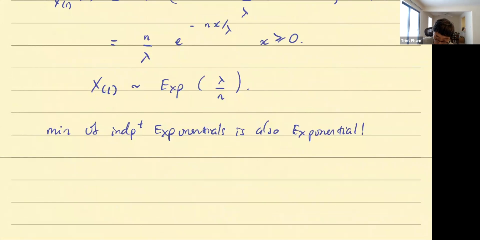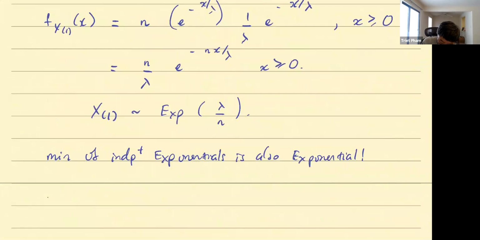So I think it goes without saying, right? If I were to ask you to calculate the expectation of the sample min in this case, what would you get? You should get lambda over n. Correct. And notice, right, there's no estimation going on here because we know what the population min is.